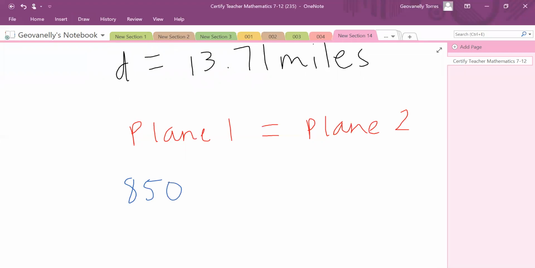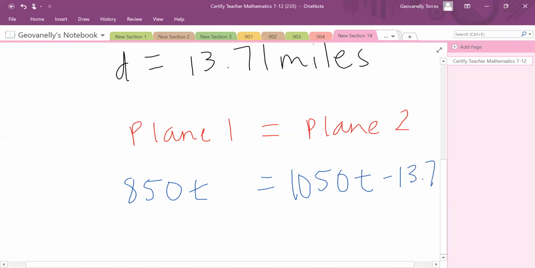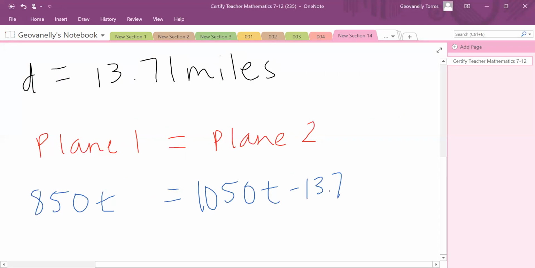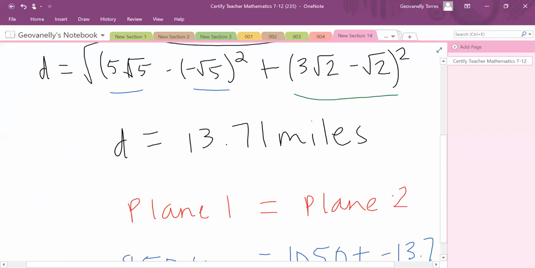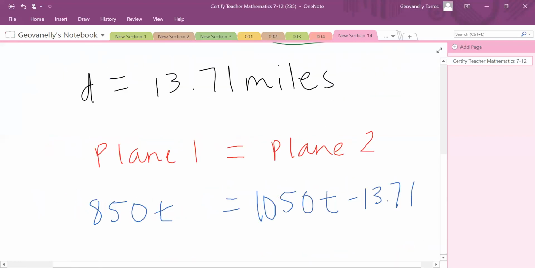And t, which is our time, equals to, and then the other airplane is flying at 1050 miles per hour, t, but we would put minus 13.71, which is the value we got when we did the distance formula.